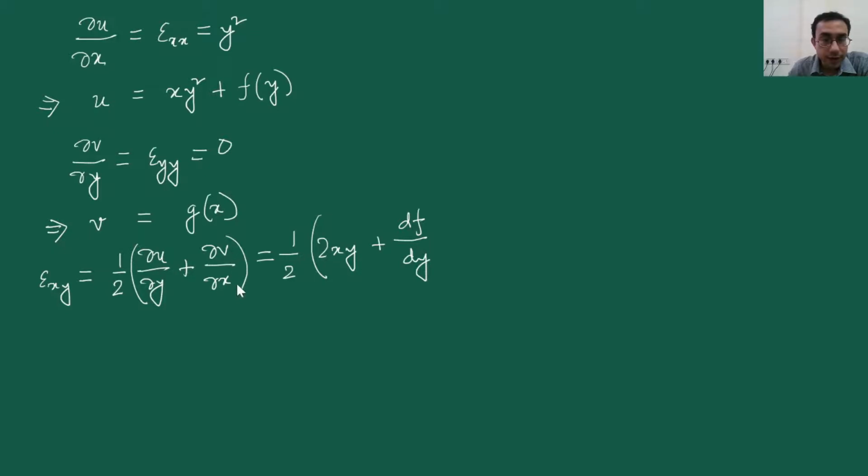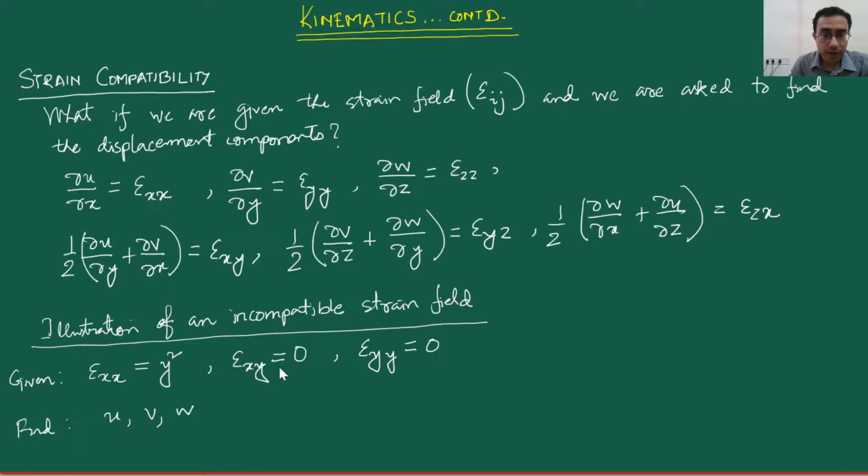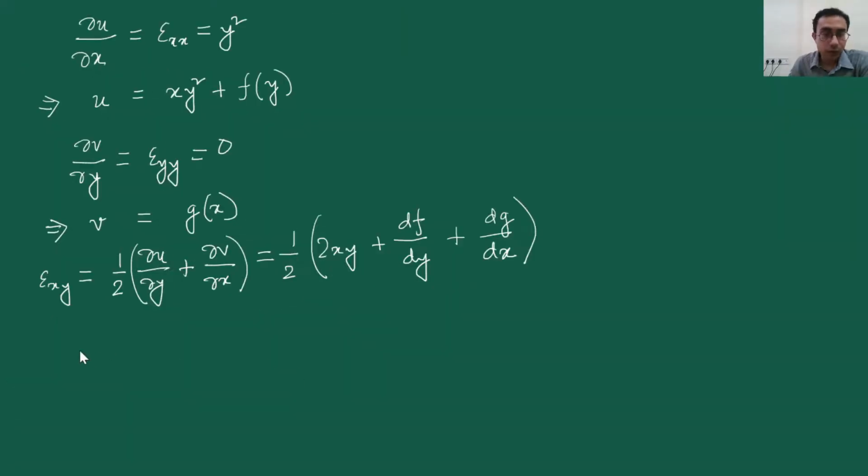For the del v del x, we just write dg dx, not del g del x. This is dg dx, again an ordinary derivative. Now we can compare with the given information. Epsilon xy is given to us as 0.